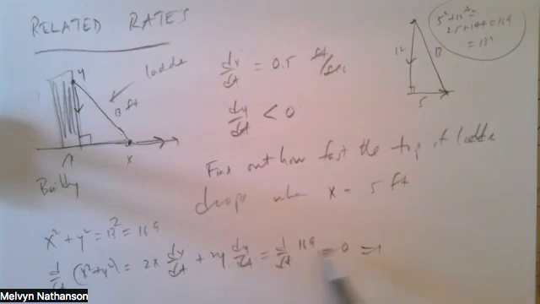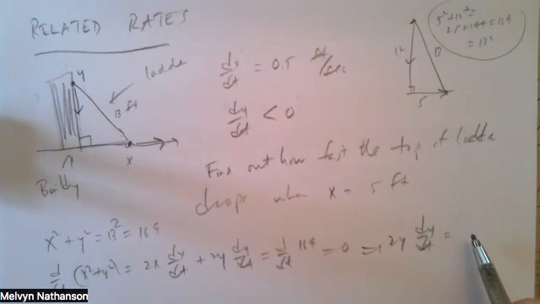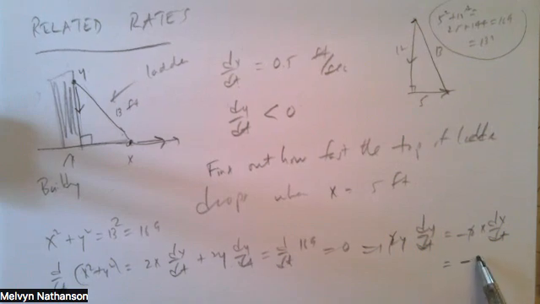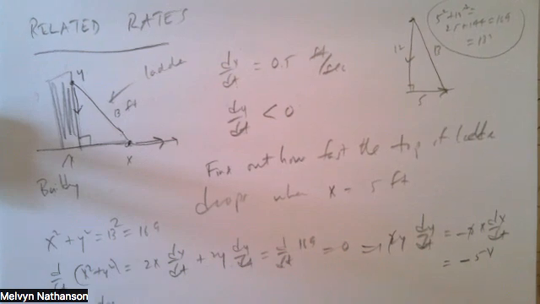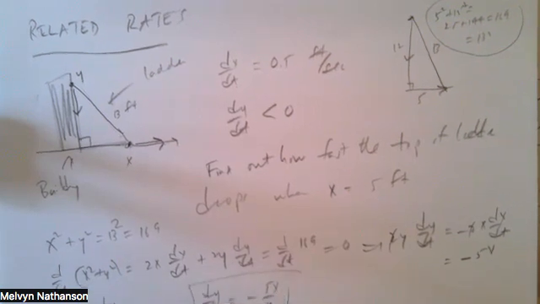So if you solve for dy/dt, 2y dy/dt is minus 2x dx/dt. The 2's cancel, and dx/dt, we're told, is 5. So this is equal to minus 5x. So y dy/dt is minus 5x. So dy/dt is minus 5x over y for any values of x and y.